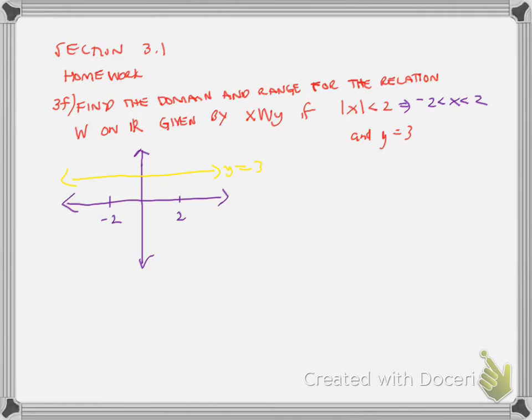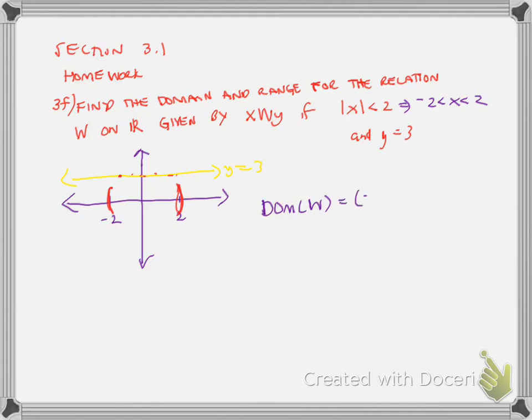And it's strictly less than, not equal to. So we know that our x values will be on this interval, and the y values will always be 3. That's your output. And so the domain and range is pretty straightforward. The domain of R, that's the notation we use, is just going to equal negative 2 to 2.